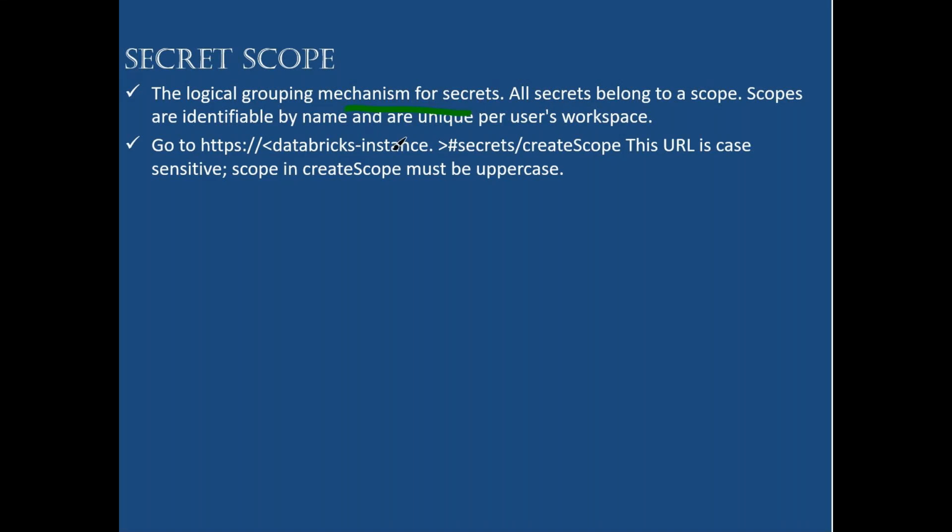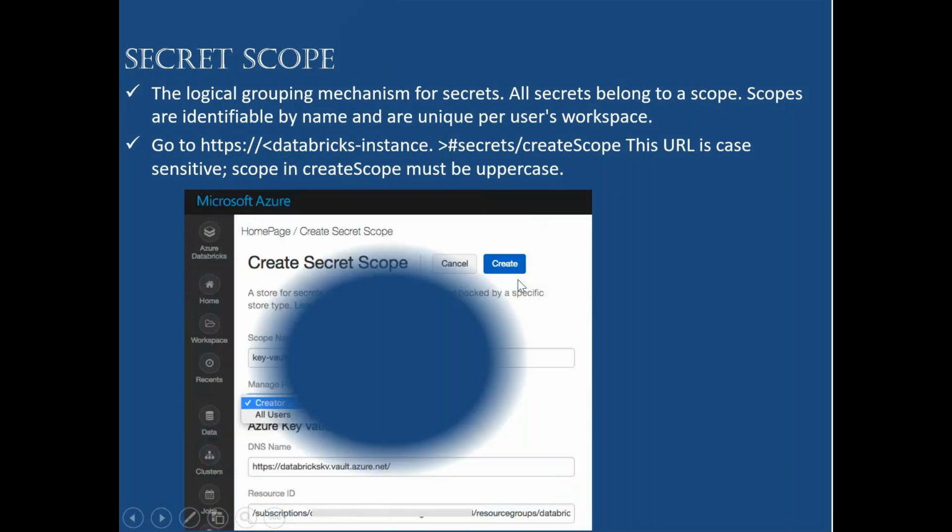Now, how to create this scope: in the Databricks URL, you need to add this part, hash secrets slash create scope. Once you add this particular part, you can create the scope. I'll show you everything today.